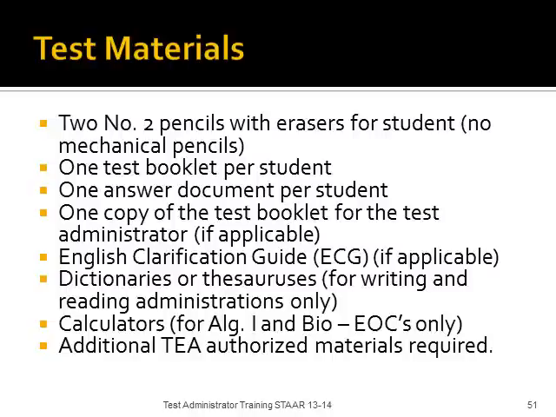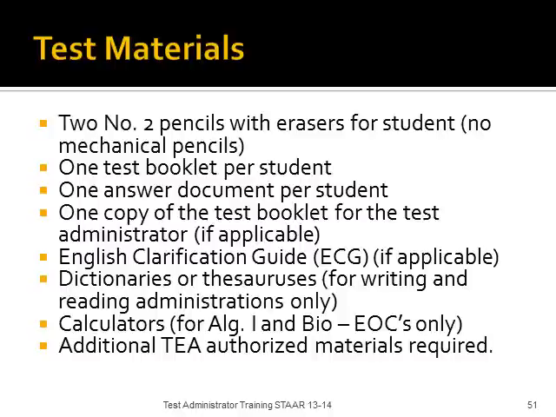Students should receive 2 number 2 pencils. They should not be using any mechanical pencils, and that's because a lot of times that lead is not number 2. They'll receive 1 test booklet, 1 answer document, and if the test administrator needs a test booklet, for example oral administration, they will receive a test booklet as well. English clarification guide will be provided if applicable.